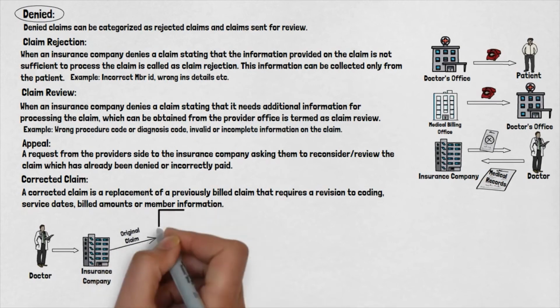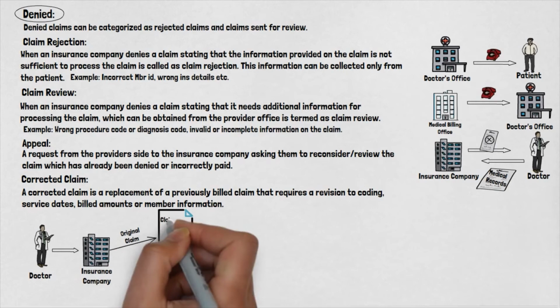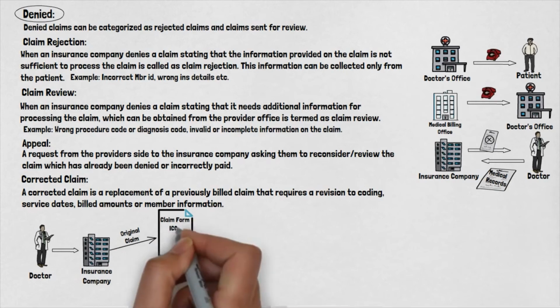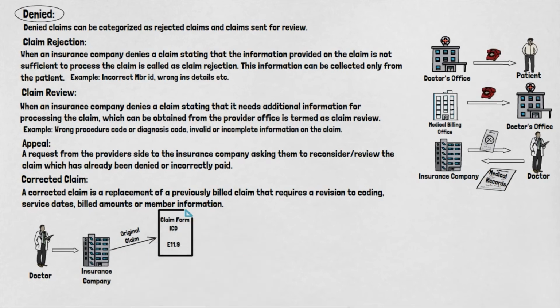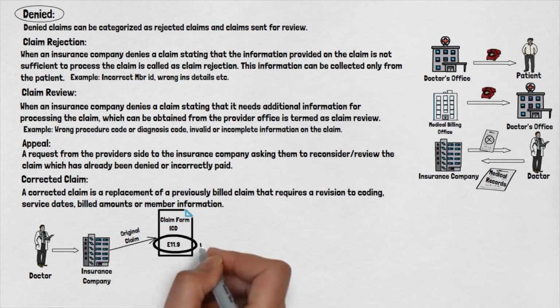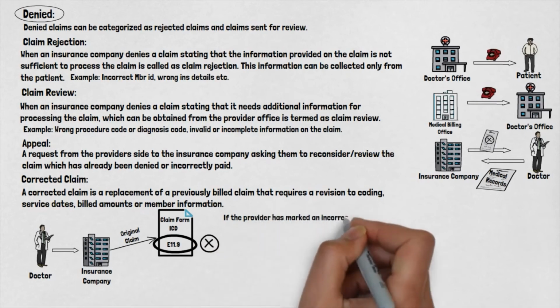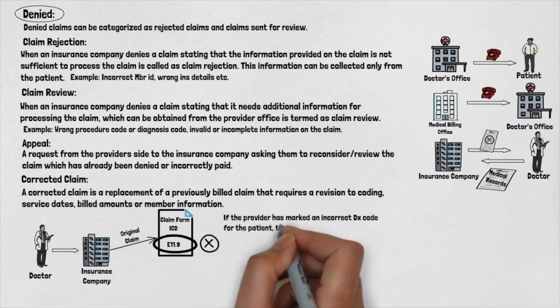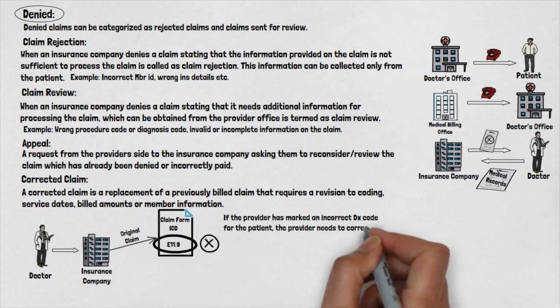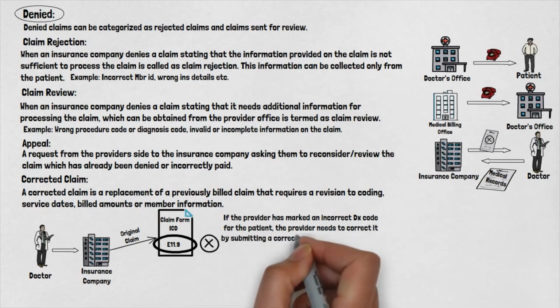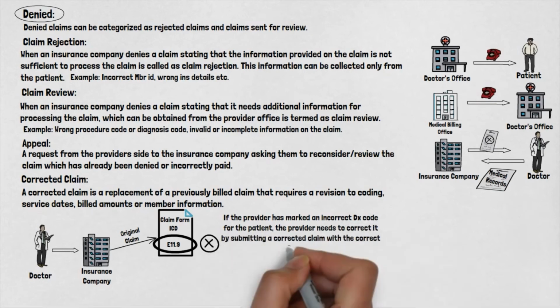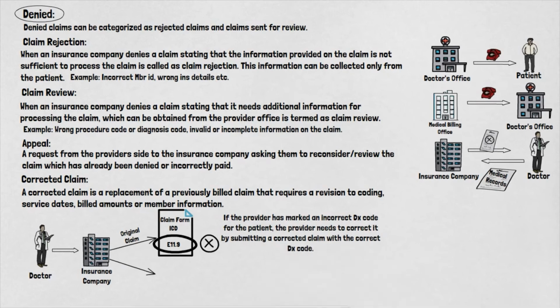Now say for suppose on the original claim, if the provider has marked an incorrect diagnosis code for the patient, the provider needs to correct it by submitting a corrected claim with the correct diagnosis code.